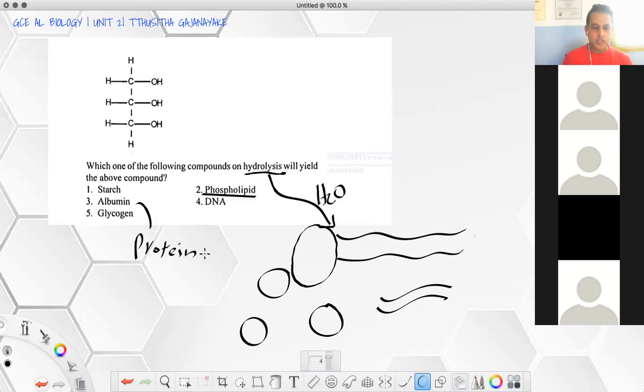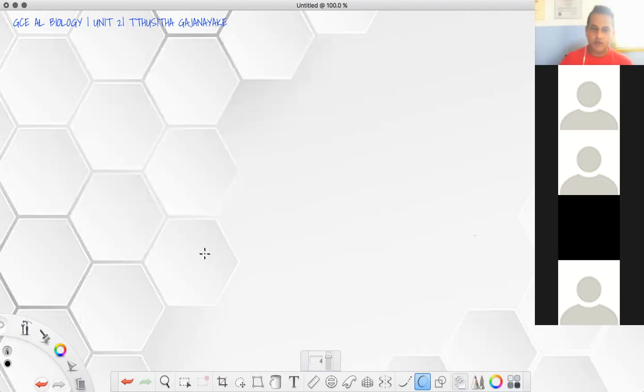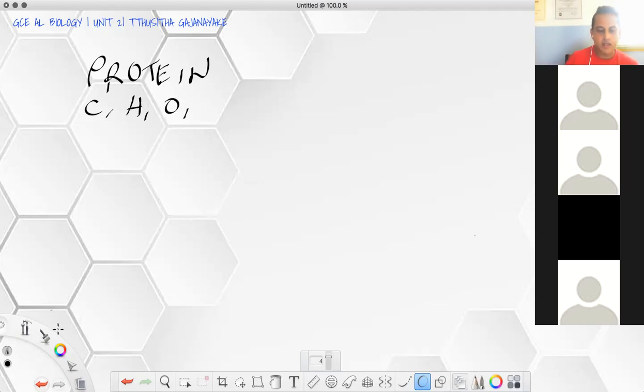Next, we are moving to the protein. Right, protein has carbon, hydrogen, oxygen, and in addition to that, nitrogen. Now that's important.